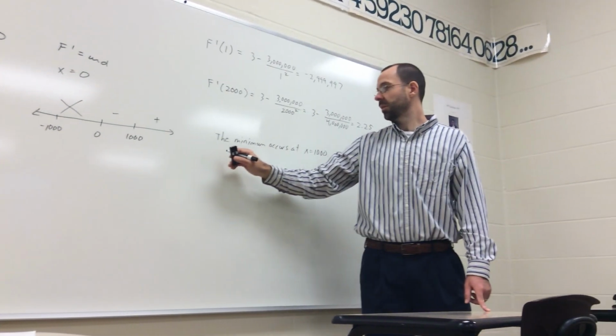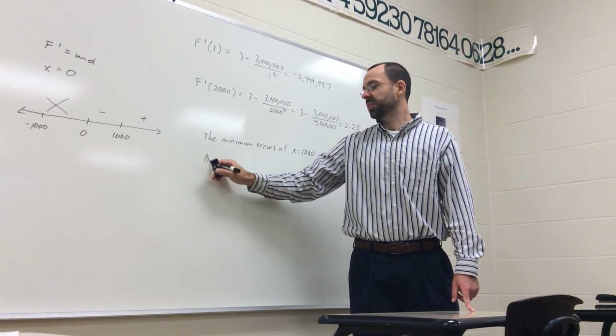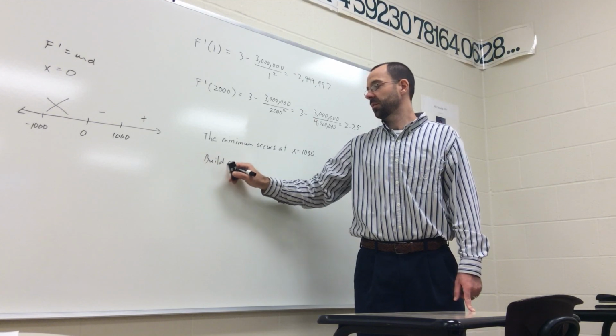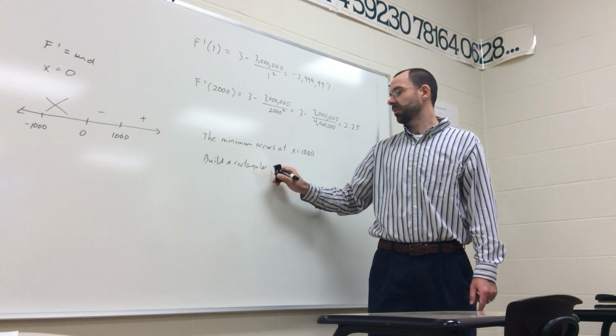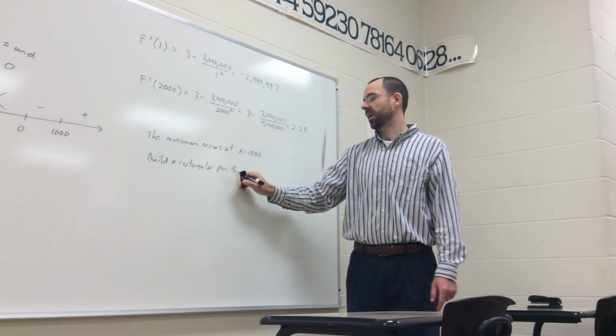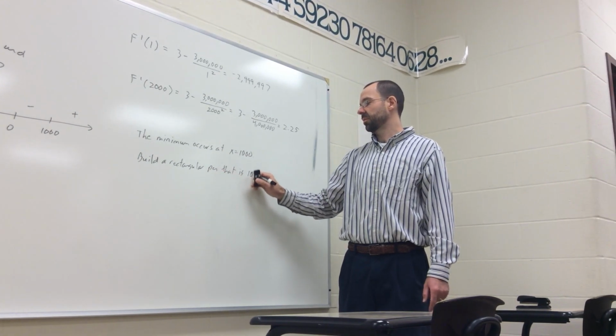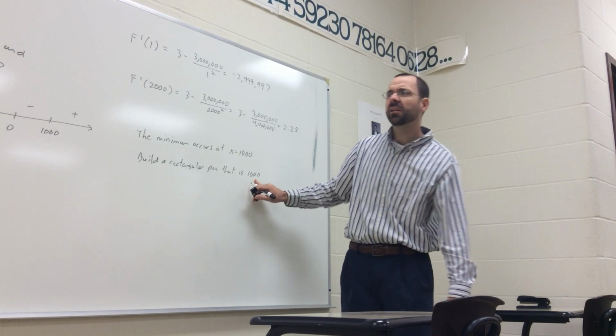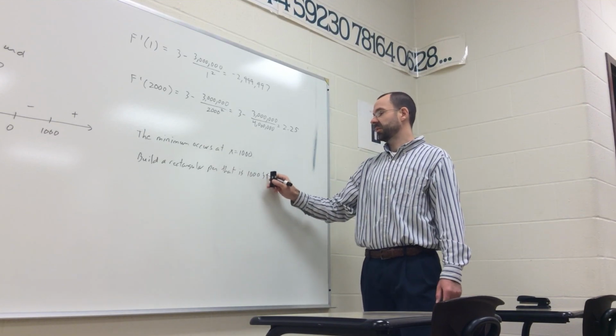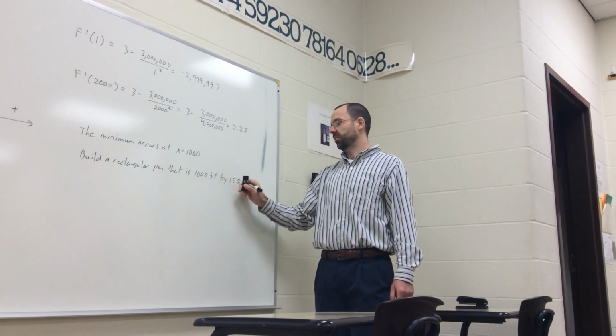So build a rectangular pen that is 1,000, what do we got, feet? Yeah, 1,000 feet by 1,500 feet.